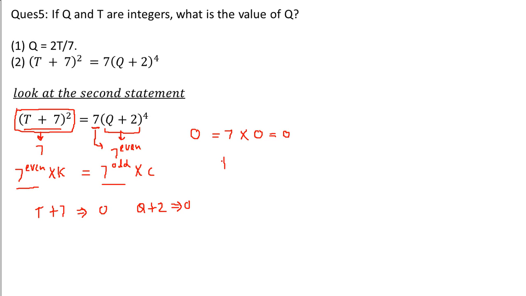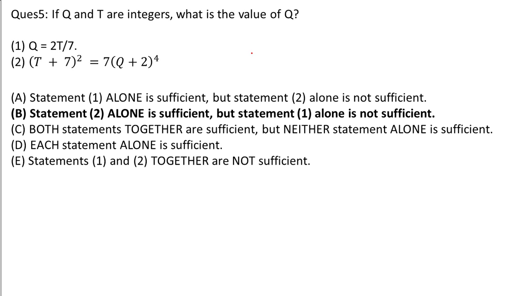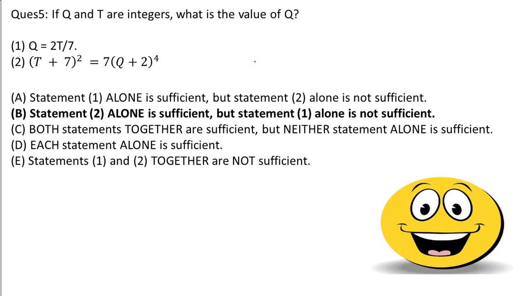Therefore t is equal to minus 7 and q is equal to minus 2 by statement number 2. Therefore, by statement 2 alone, I am able to tell the exact numerical value of q, that is minus 2. Therefore, statement 2 alone is sufficient to answer the question, but statement 1 alone is not sufficient to answer the question. So, answer to the given question is option choice B. So, that was all for the solutions of our flash test.